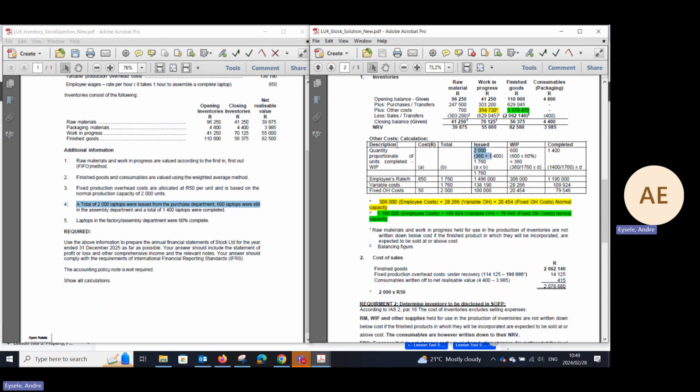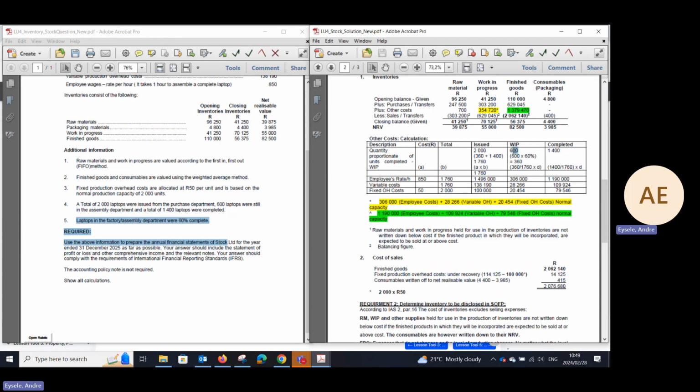So what are we determining? We are moving towards this other costs calculation section. Now, 2,000 laptops were issued to the assembly department, whereas 600 of them were still in the assembly department, and 1,400 were completed. But hang on, here's another curveball. They tell us that laptops in the factory assembly department were 60% complete.